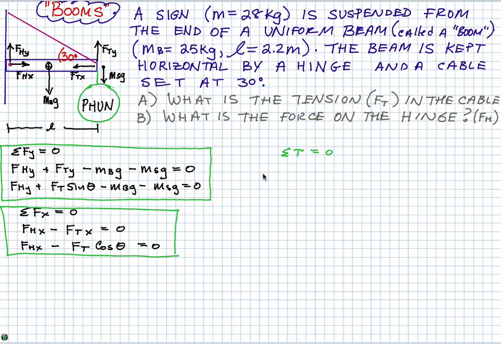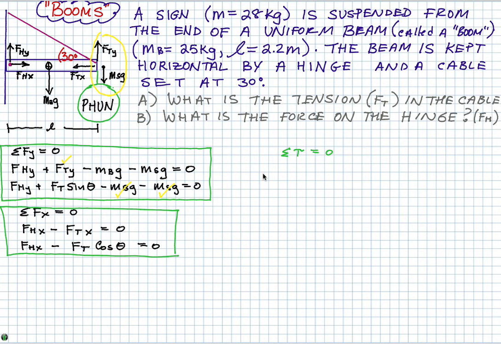I can calculate that. And if you look at the sum of the forces in the y direction, I can calculate Fty. I know this, I know that. I do have two unknowns there, but I've already started solving the problem in the y direction.